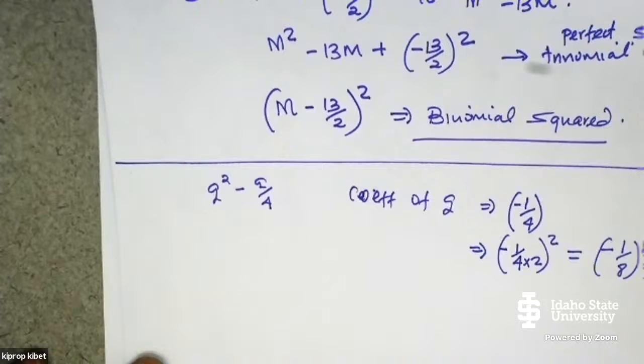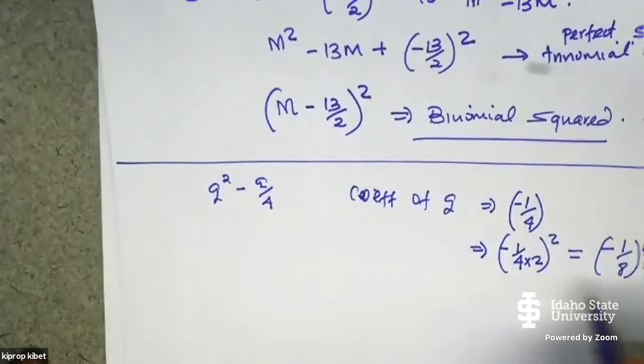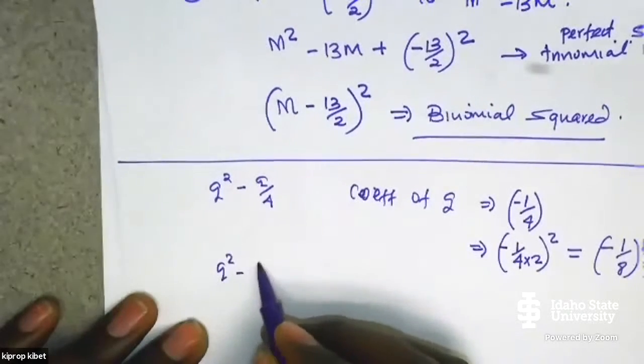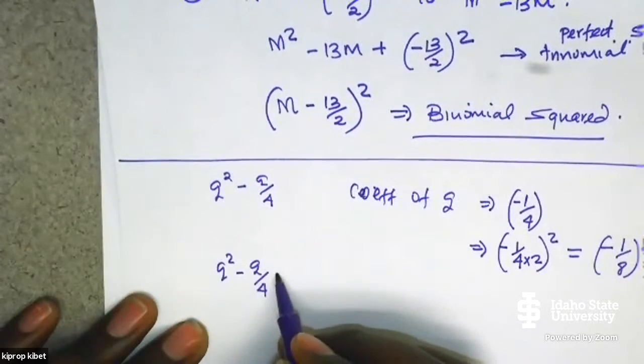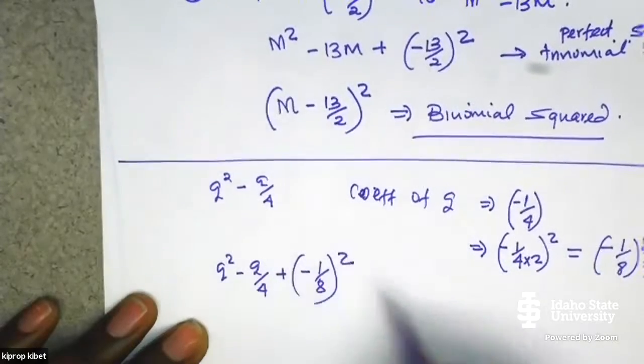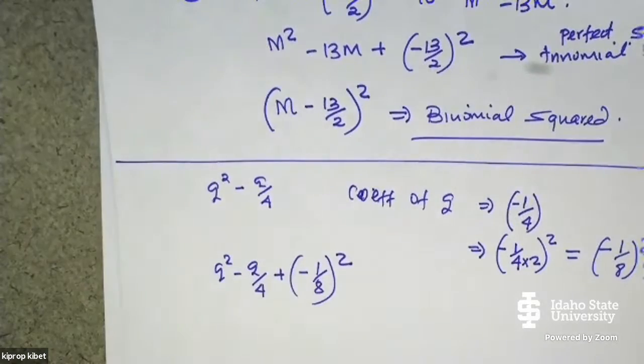Now from there, we do what? We come and add it here. q squared minus q/4 plus negative 1/8 squared. So now that is the perfect square trinomial. So we write it as a binomial square.